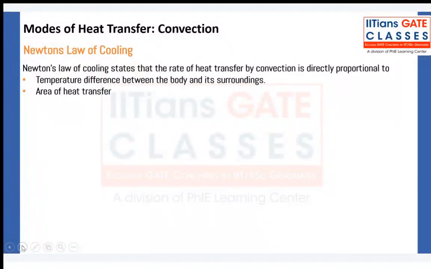Okay, don't think too much. Okay, Shruti, what happened? You don't know what is the governing law of conduction? We have just covered it, no?